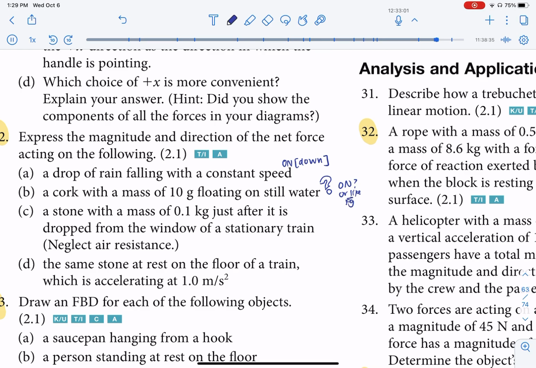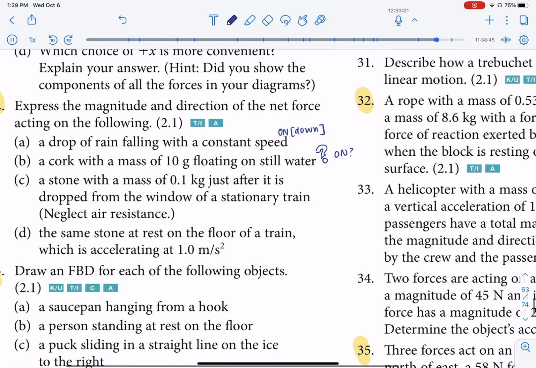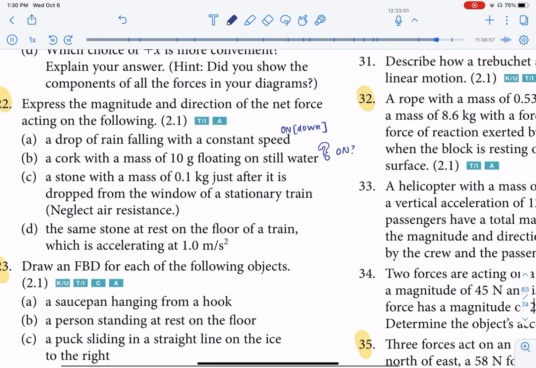Because I said right is positive, which is the direction A is going in. So then FA is equal to FTX. And then in the y direction, also 0. Up is positive, so we have FTY minus FG equal to 0. FTY is equal to mg.